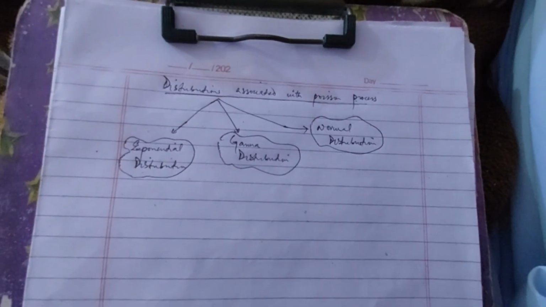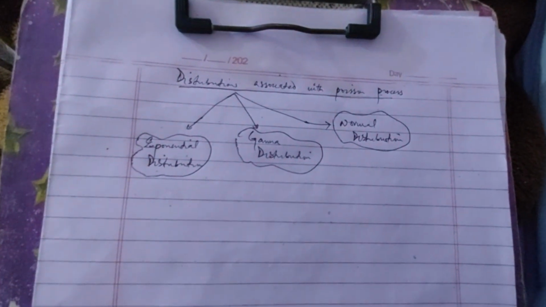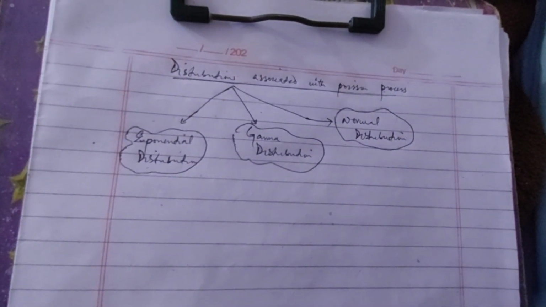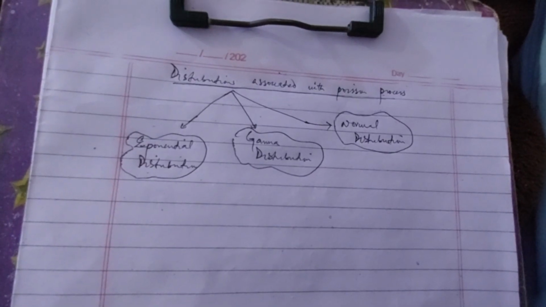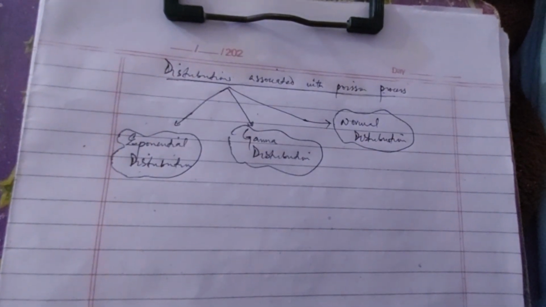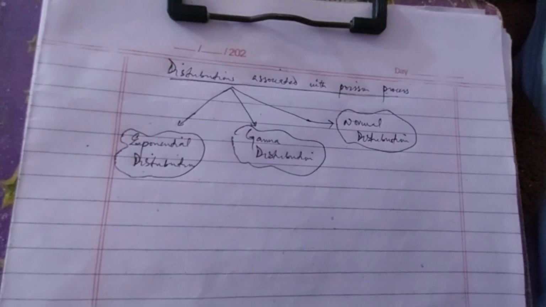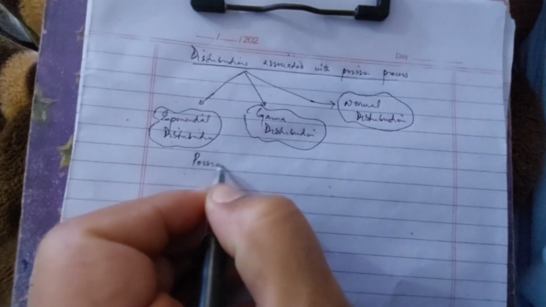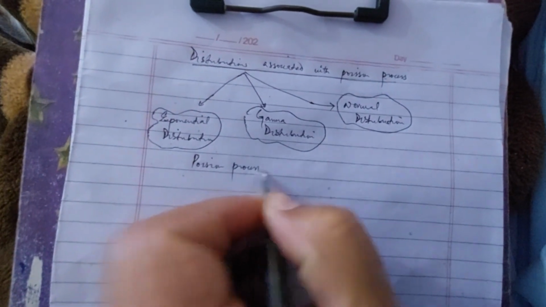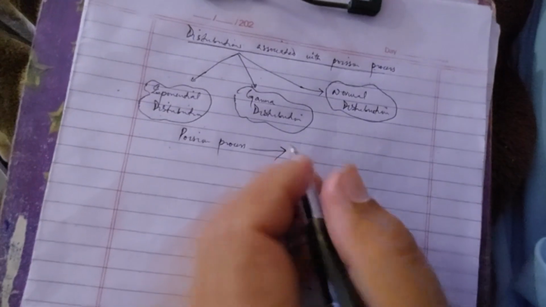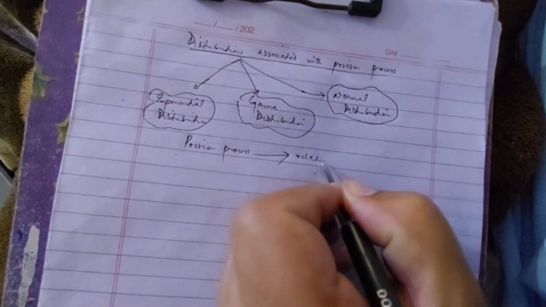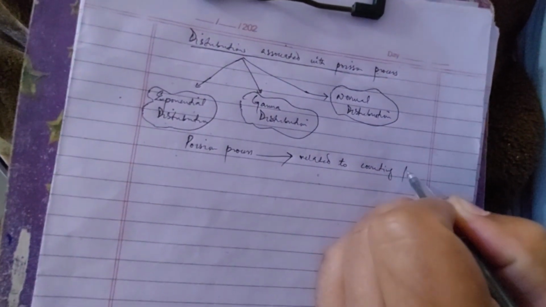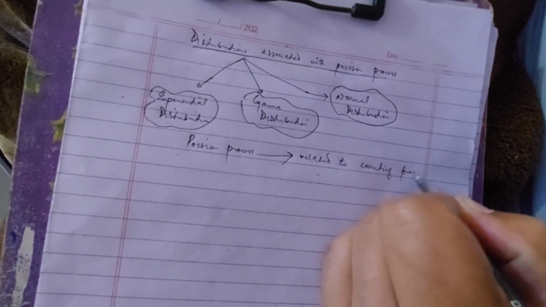First of all, I will briefly explain the Poisson process and its own distribution, and then we will go towards the exponential distribution. The Poisson process is related to a counting process.